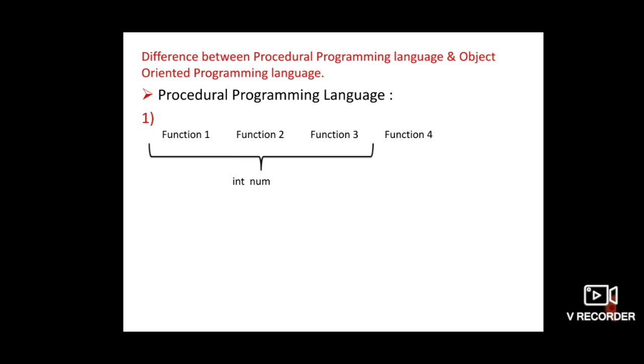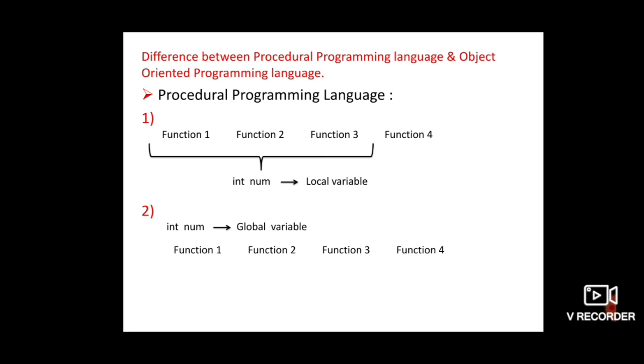Now another way is to declare the num variable globally. See, int num is declared globally. So this is a global variable, and it can be used in function 1, function 2, function 3 or function 4.